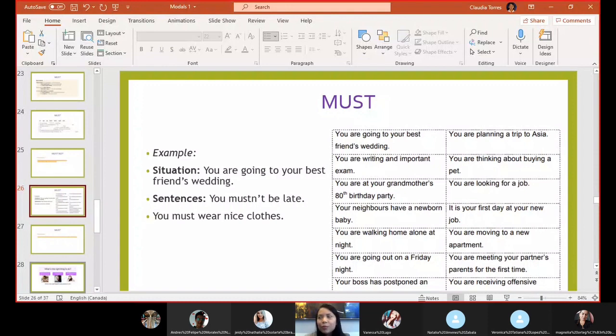Another could be you must go for well illuminated places, right? Like you must walk for safe places.